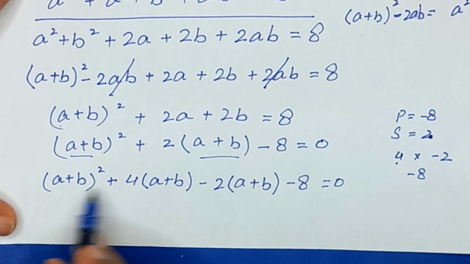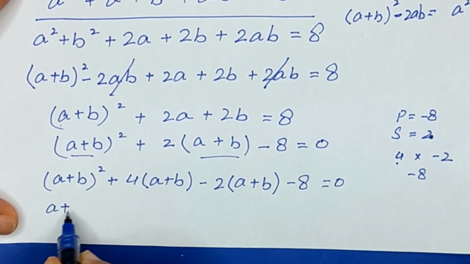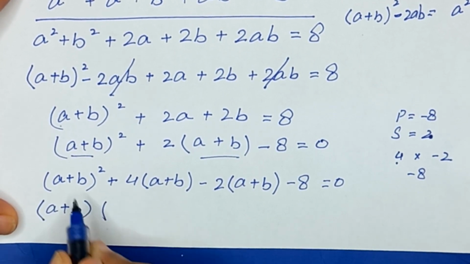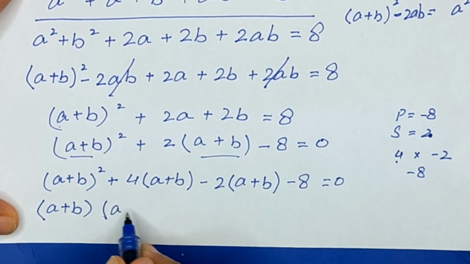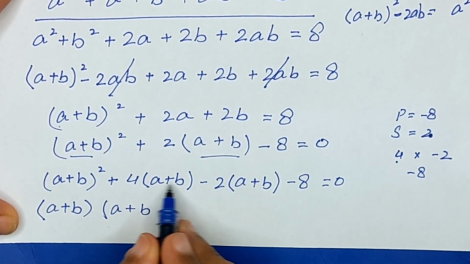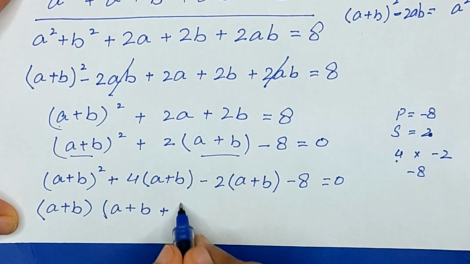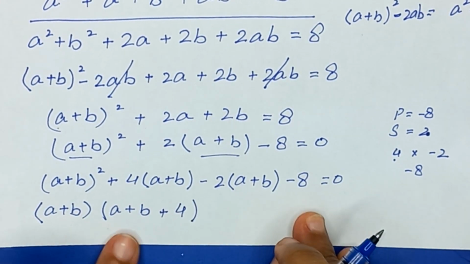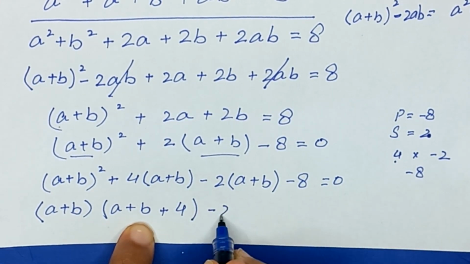Now in these two terms we have A plus B common. So A plus B square divided by A plus B will be A plus B, and 4 into A plus B divided by A plus B will become 4. And here we have negative 2 common.